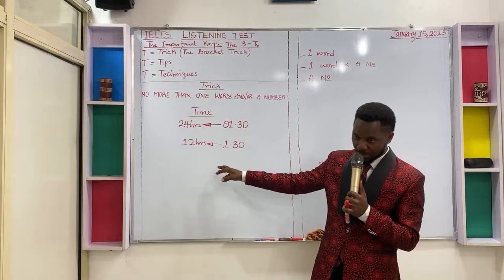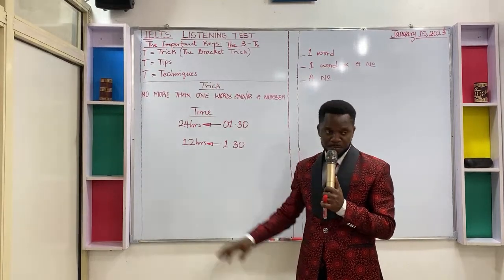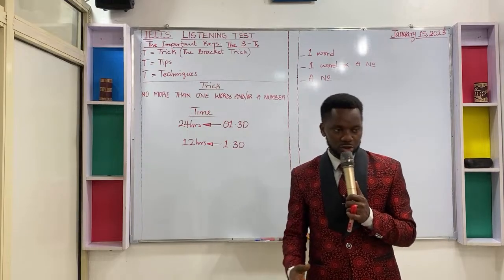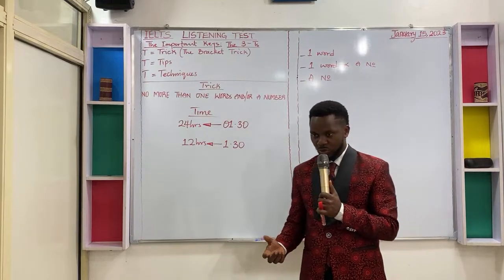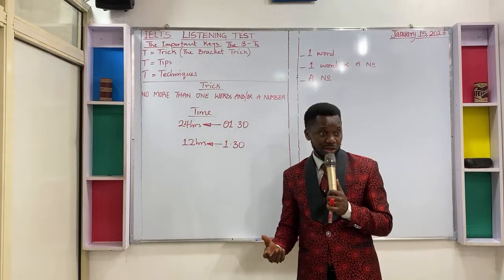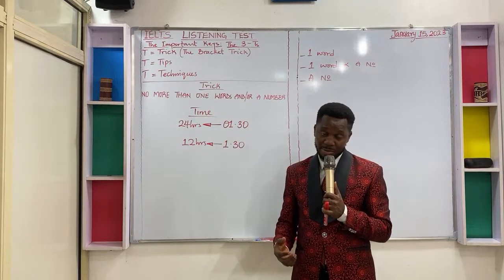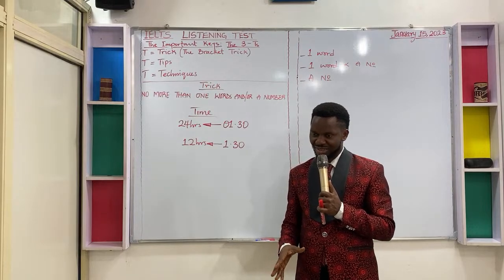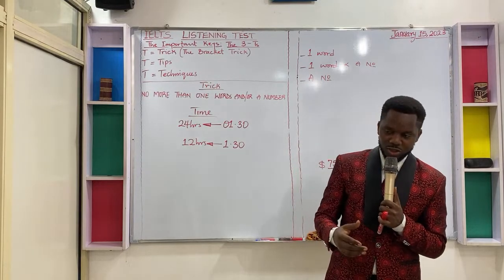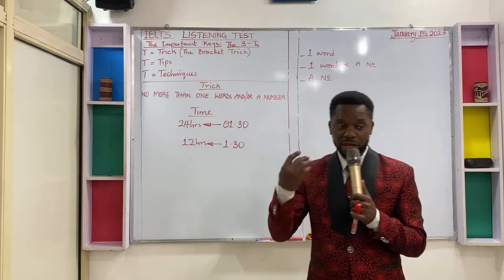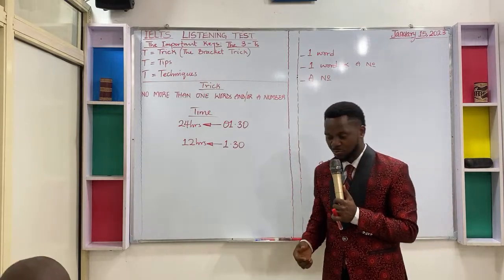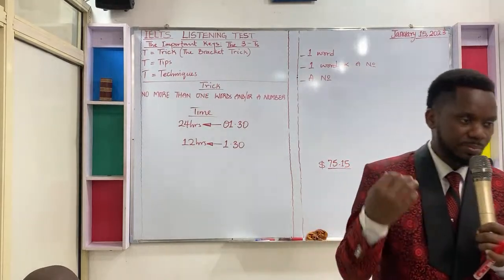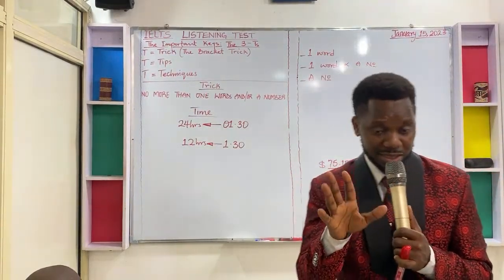The same thing applies to time. If your question tells you the time of the day, whether morning, afternoon, evening or night, you don't need to write AM or PM. Do you understand this? If the question has morning or afternoon or AM or PM on your question paper, you do not need to write AM or PM as part of your answer.